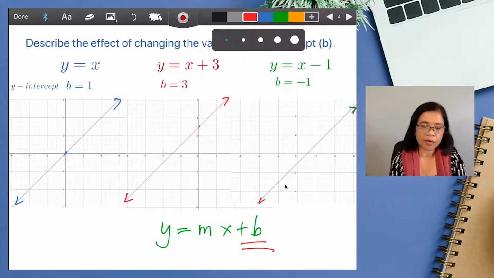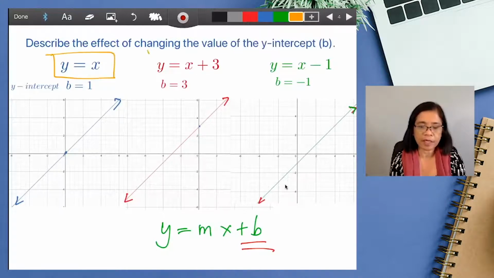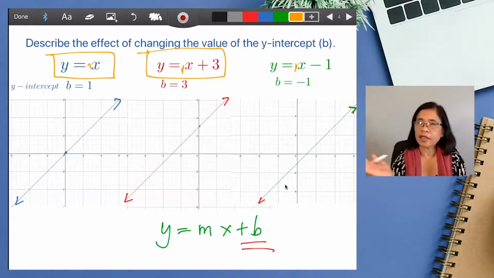Notice that for all these three examples, our m is the same. M is 1, the slope is 1, 1, and 1. The coefficients of x represent the slope. So notice that the inclination is the same.